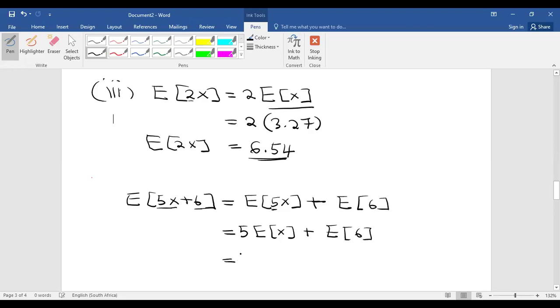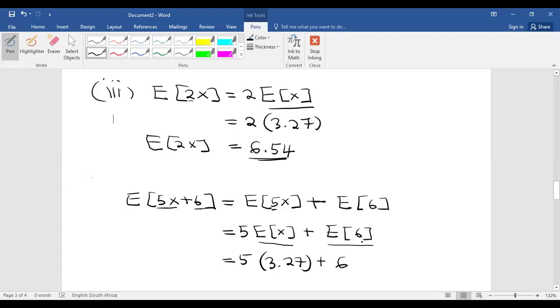Then from there, we have 5 times the expected value of x from the computed figure, which is 3.27. So you just substitute that. Then we said expected value of a constant, there is no variable there, so expected value of 6 is simply 6 itself. Expected value of a constant gives you the constant itself.